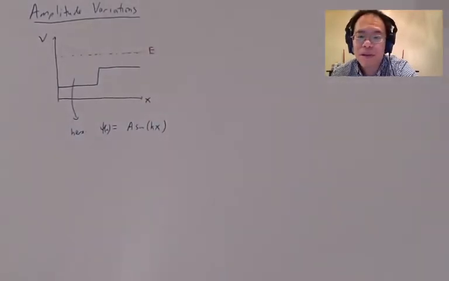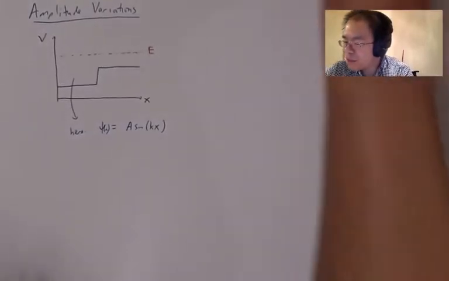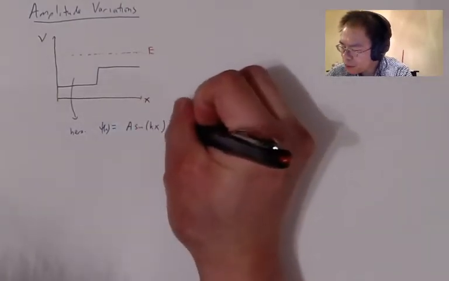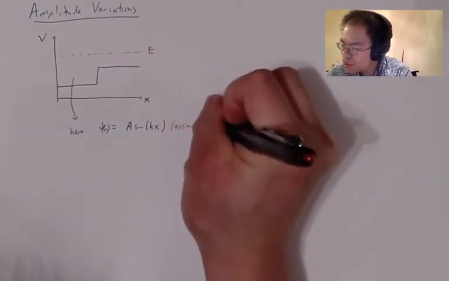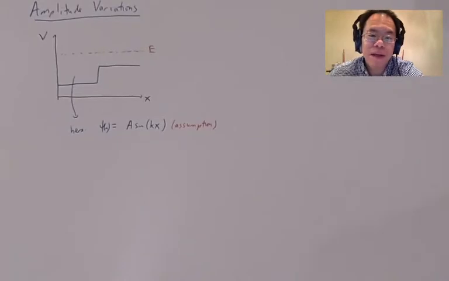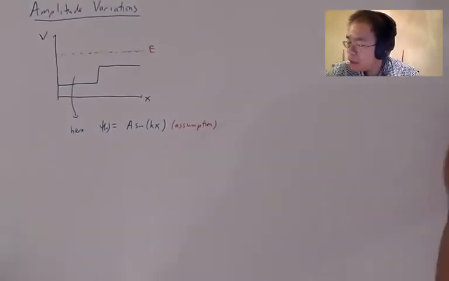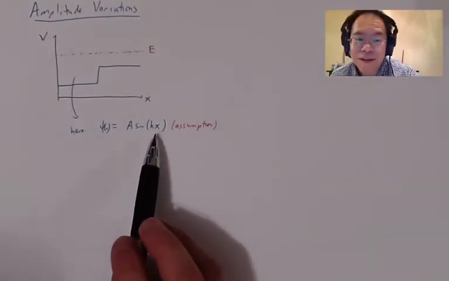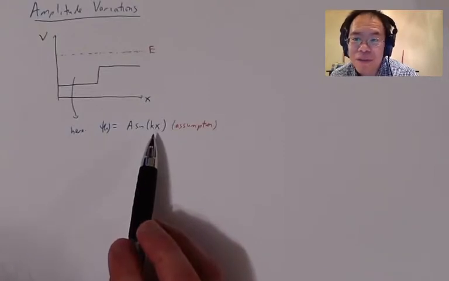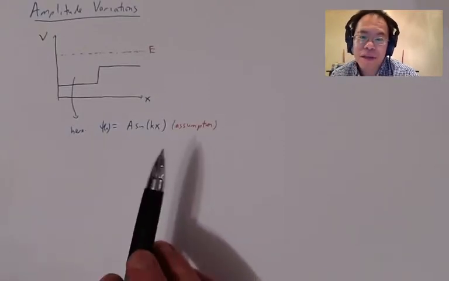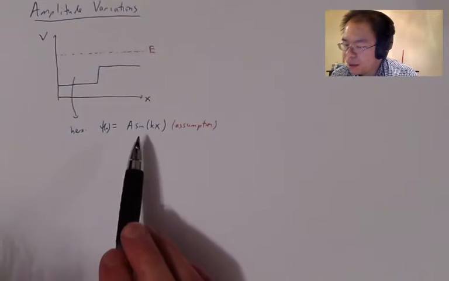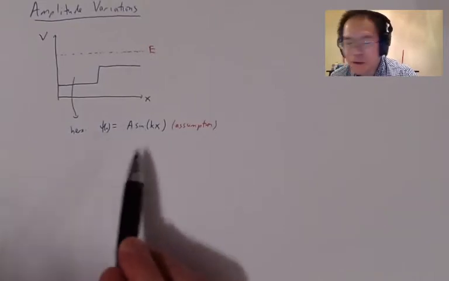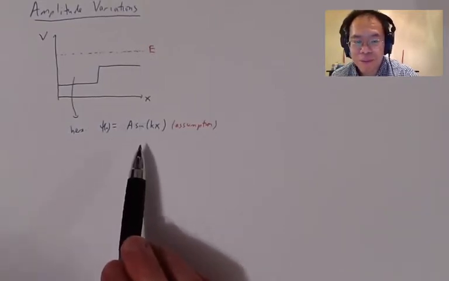Now you might be worried, well, how do I know it's exactly sine? We don't. So this is an assumption. We could always generalize this argument by adding a cosine term if we wanted, or if we added a phase constant in here, which would also do it. But just to keep things simple, I'll assume that the wave function has this sinusoidal form.